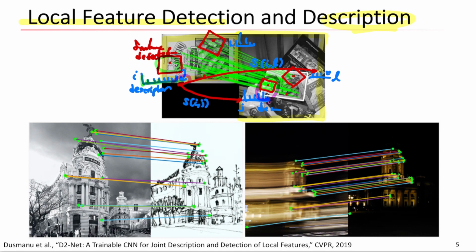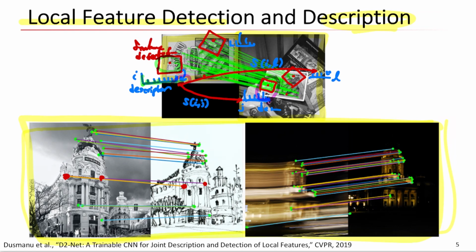This is a very recent paper published in CVPR last year. By using the deep neural network, we can find the correspondence between pixels, something like this.